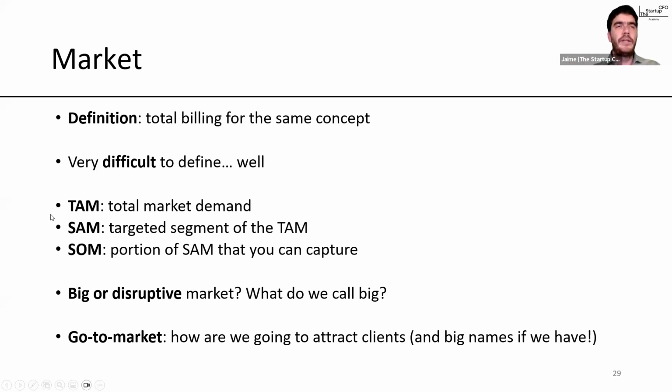So there are 3 different markets to define. The TAM, total available market. As we will see, for example, in Airbnb, trips booked worldwide in lodging, meaning. SAM, targeted segment of the TAM, is serviceable available market. Airbnb doesn't focus on business trips, for example, or luxury trips.